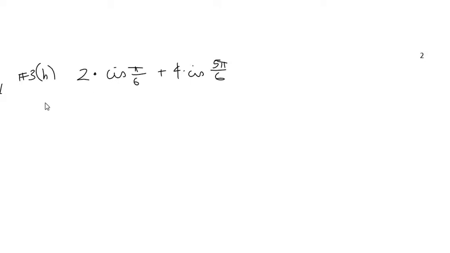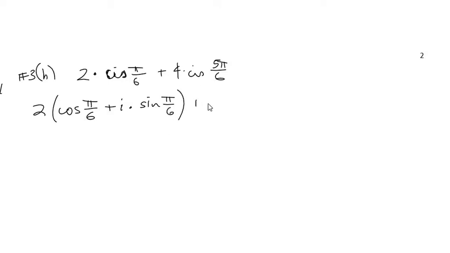So this number here represents 2 times cis pi over 6. And cis pi over 6 is just an abbreviation for the cosine of pi over 6 plus i times the sine of pi over 6. Right?